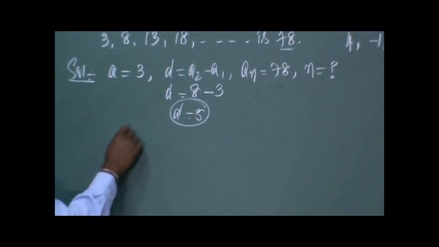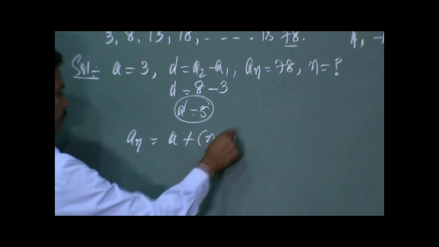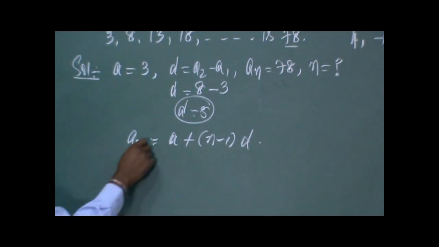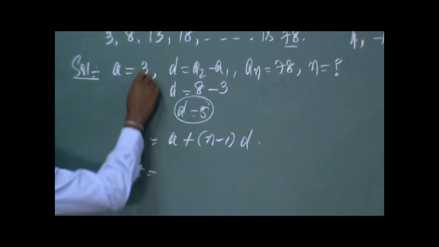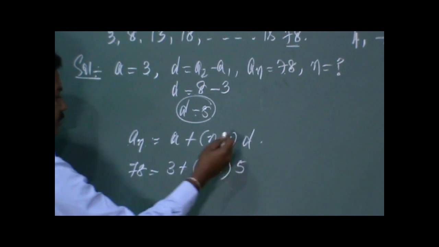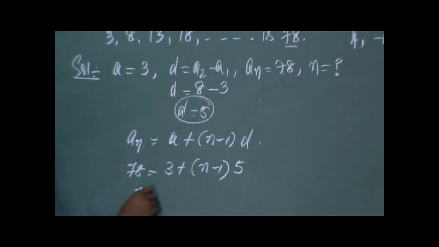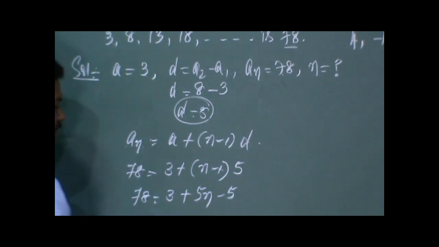So let us write the formula: an is equal to a plus n minus 1 into d. The an value is 78. Substitute 78 here: a is 3, plus n minus 1 into d, and the d value is 5. So 78 is equal to 3 plus 5 into n, which is 5n; 5 into minus 1 is minus 5.